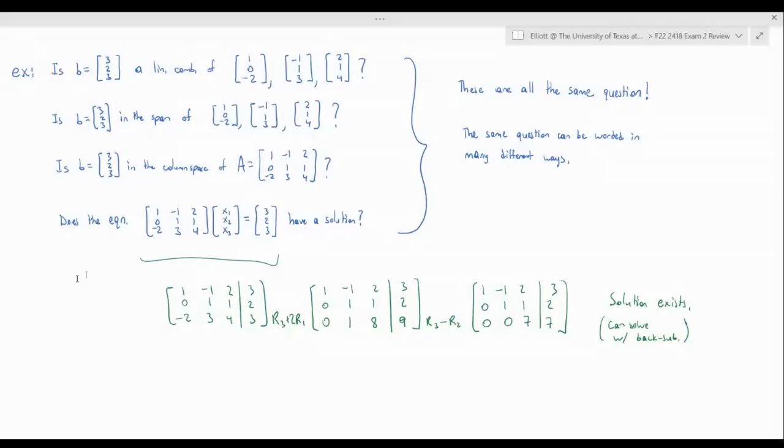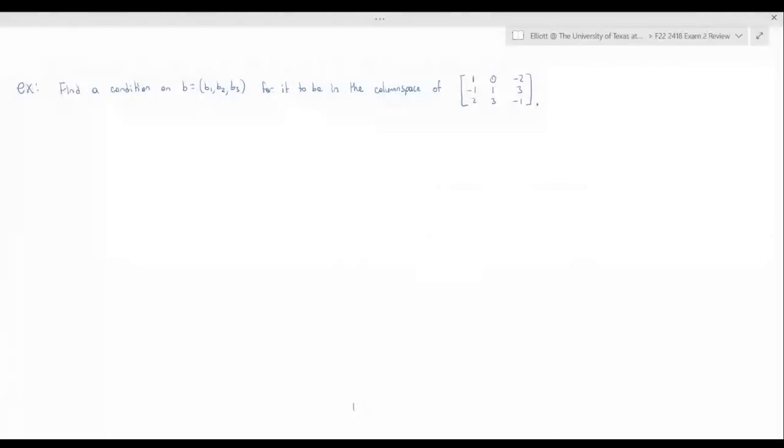And so the way that I figured one would go about this type of question: remember that to be in the column space of the matrix, let's call the matrix A, B is in the column space if and only if the equation AX equals B has a solution.